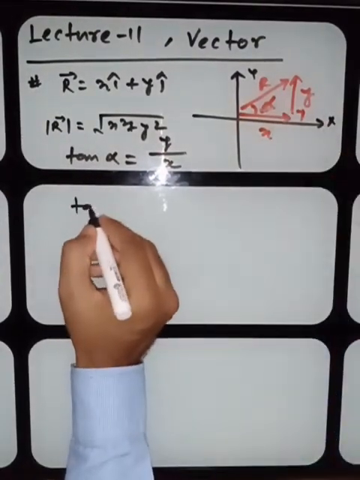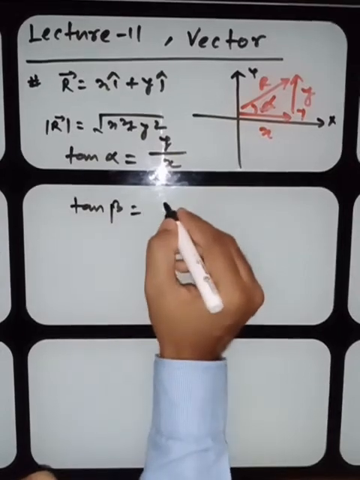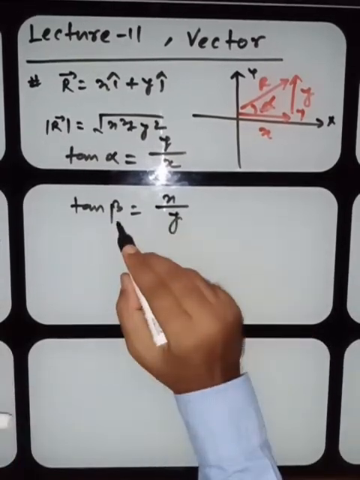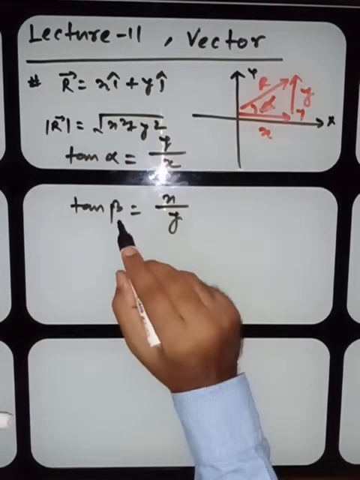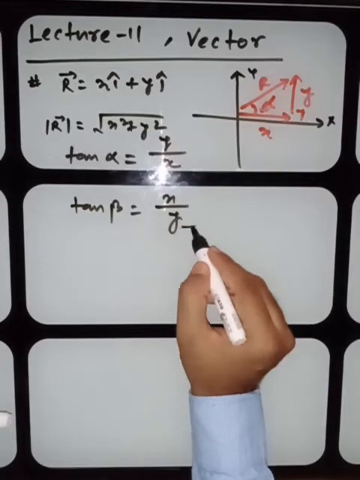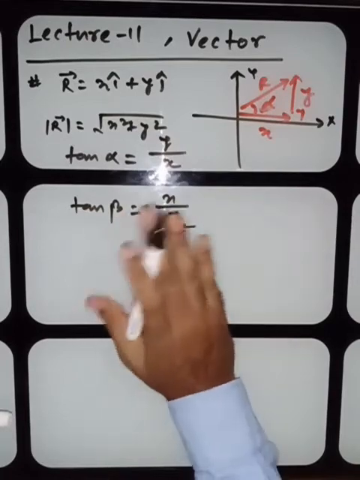You use tan beta as x by y, that is the angle beta of the direction of the resultant with which axis? With the y axis. In very detail we have discussed.